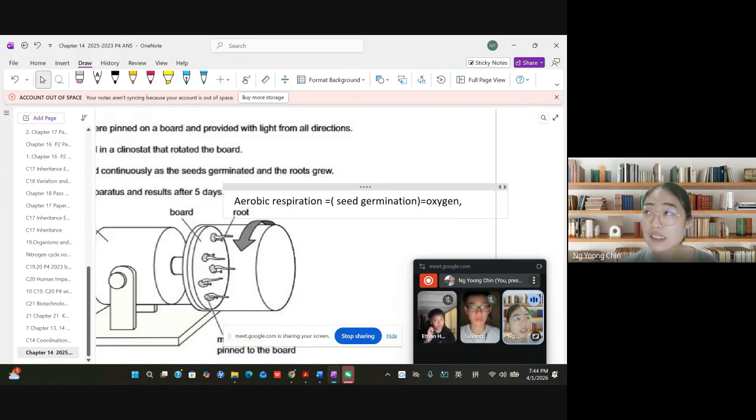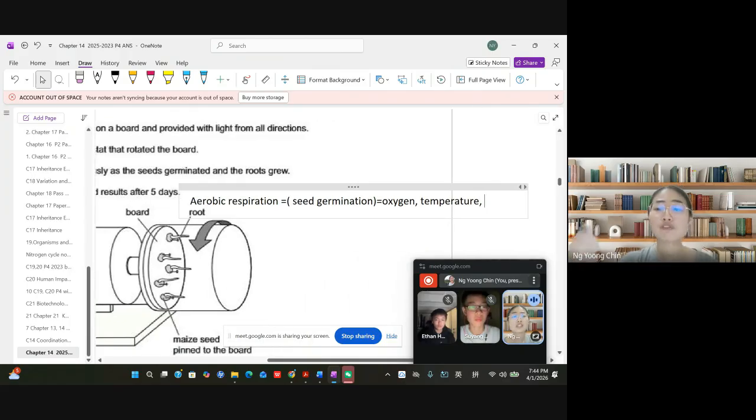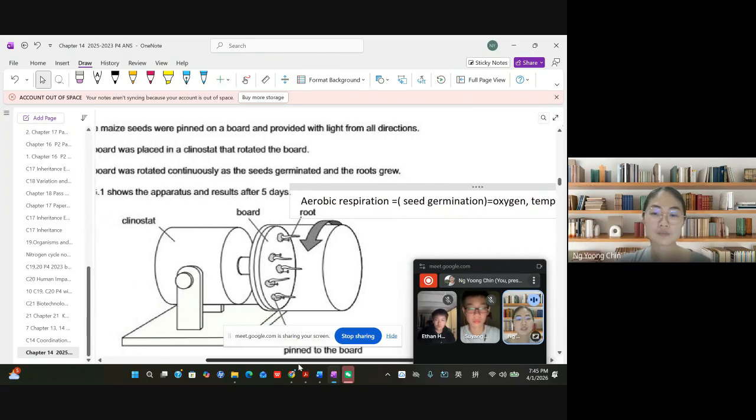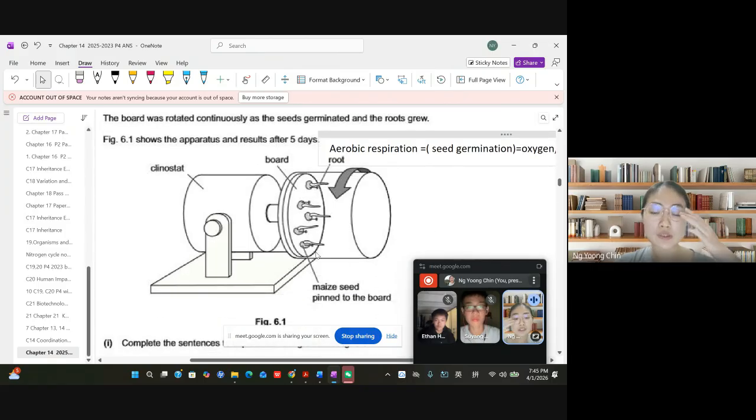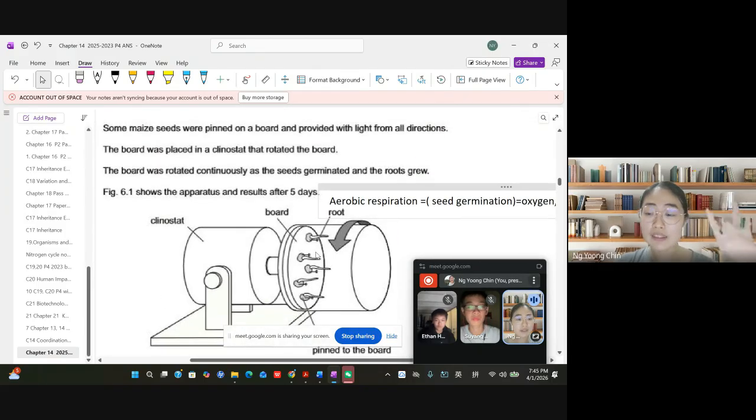So they will have oxygen, and also the temperature. You should provide warm temperature to the seed, and then you should have water. Generally these 3 conditions: oxygen, temperature, water, to allow seed germination to occur. So just remember, seed germination is always aerobic respiration.